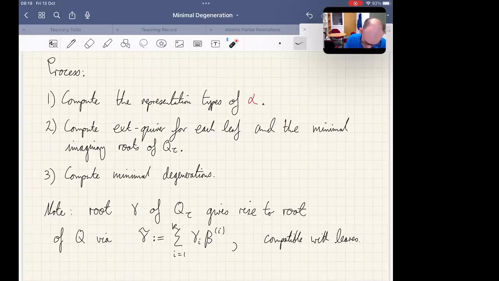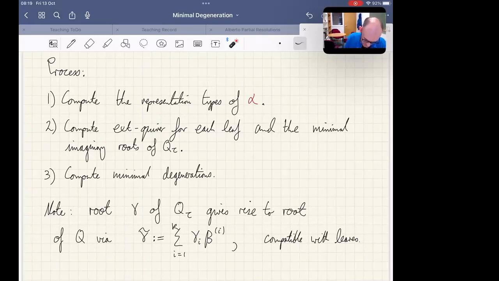So this is just the basic sketch of what you can do in examples. I'm well aware that the physicists have a very good algorithm to compute these things. We don't have an algorithm; we just brute force it on the computer, do the combinatorics, and then once you have all the leaves, you can work out what the minimal degenerations are.